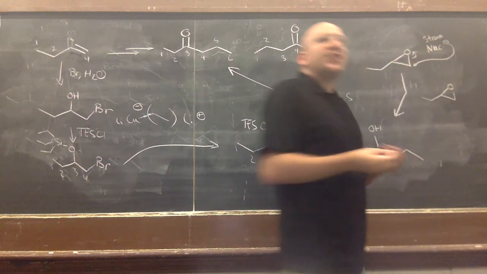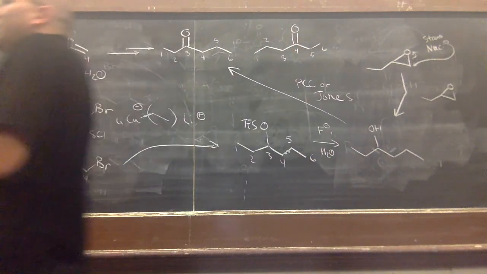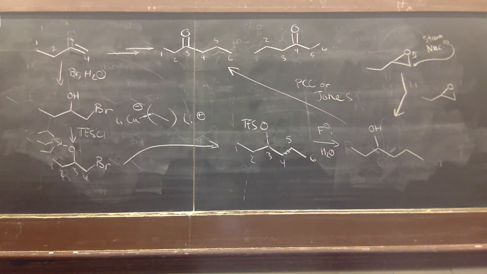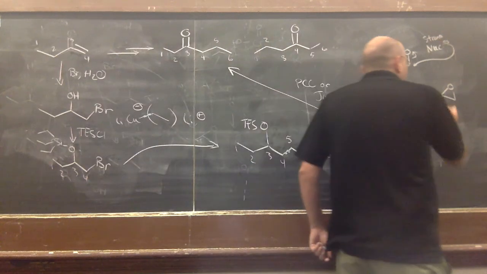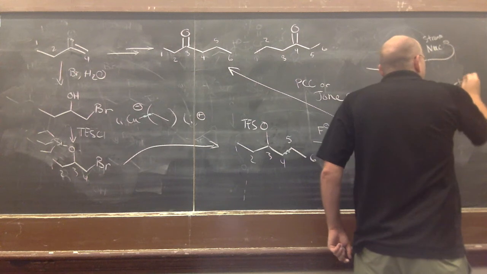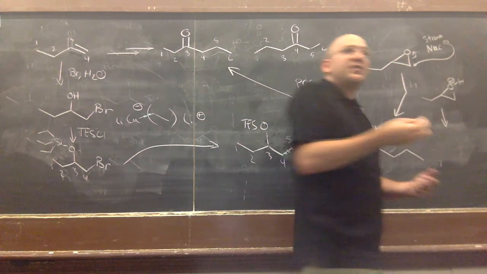If you do this reaction in, say, for example, let's say we try to open it with HBr or something like that, right? Let's say that we try to open this with HBr. We're going to protonate this, use Lewis acids and stuff.